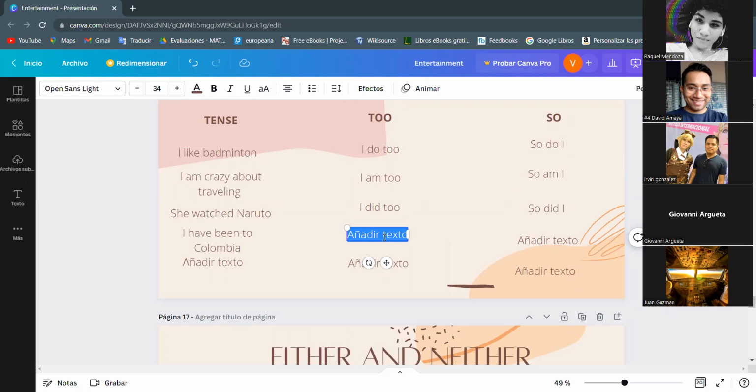I has been to. I don't know. That's okay. Let's review. Has is used for third person. Do you guys know what a third person is? What are the subjects? I have to. Yes, correct. In this case, have works as an auxiliary, not the verb.